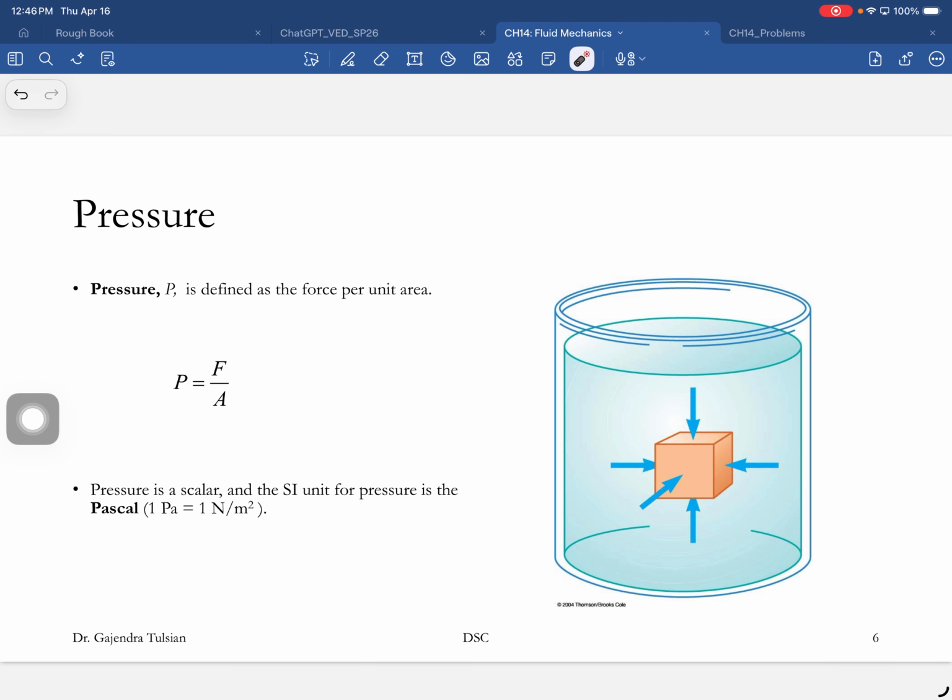Solid surfaces exert pressure as well, and that's also because solid molecules are vibrating, and them bouncing off are exerting pressure. So pressure is force exerted by a substance per unit area, and so units are Newton per meter squared. And that combination of units is called a Pascal, after Mr. Pascal.